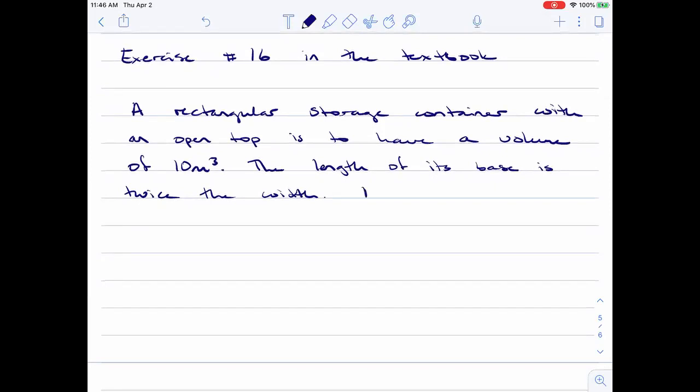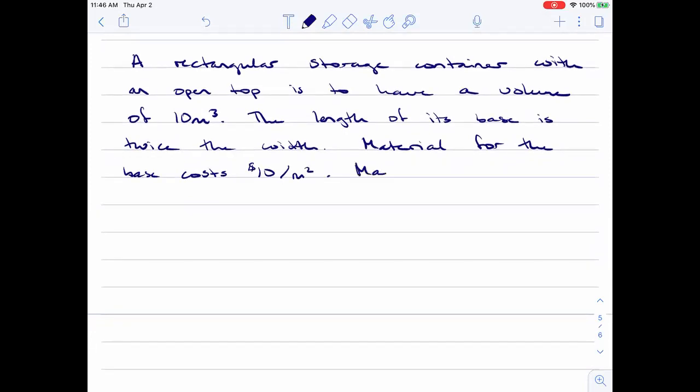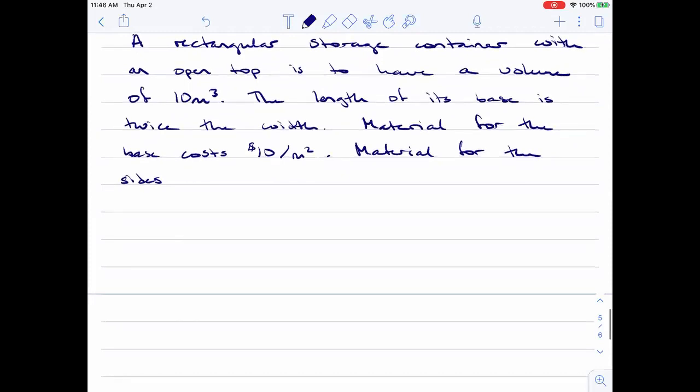And material for the base costs $10 per square meter, whereas the material for the sides costs $6 per square meter.